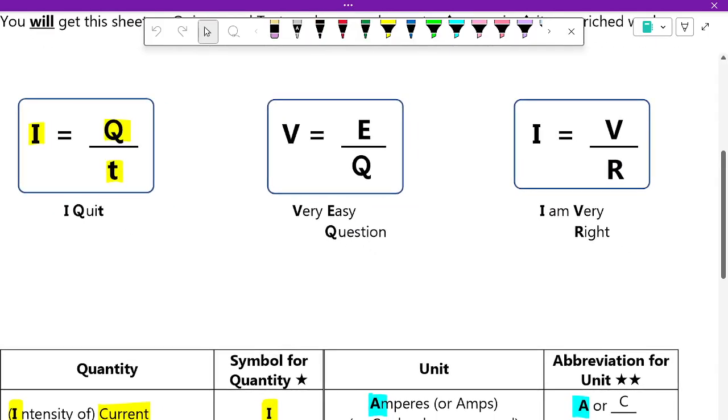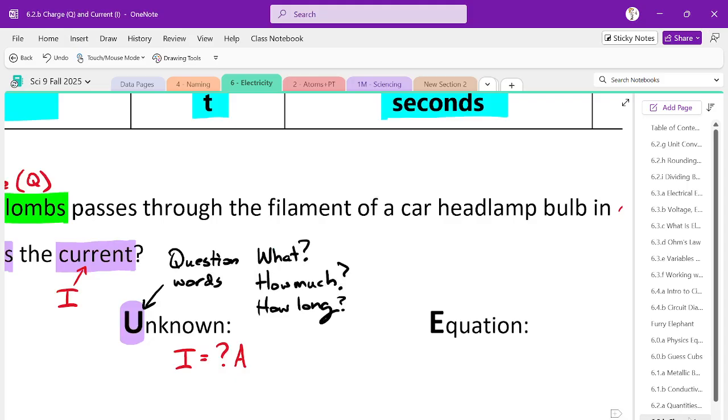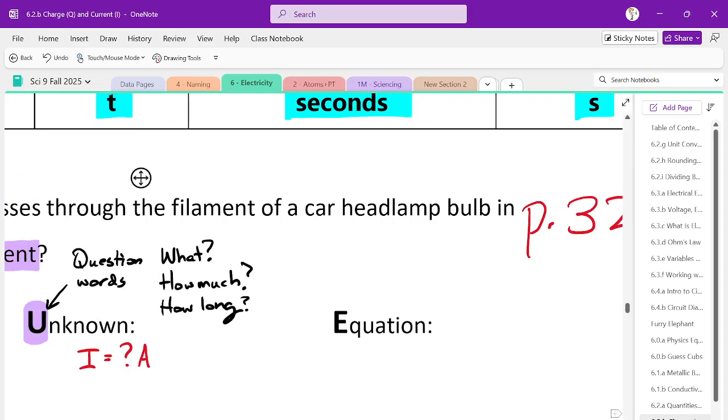You're going to use I quit. Now, the nice thing about this worksheet is you're only going to be using I quit. That's the only one we've learned so far. So we're going to use I equals Q over T.